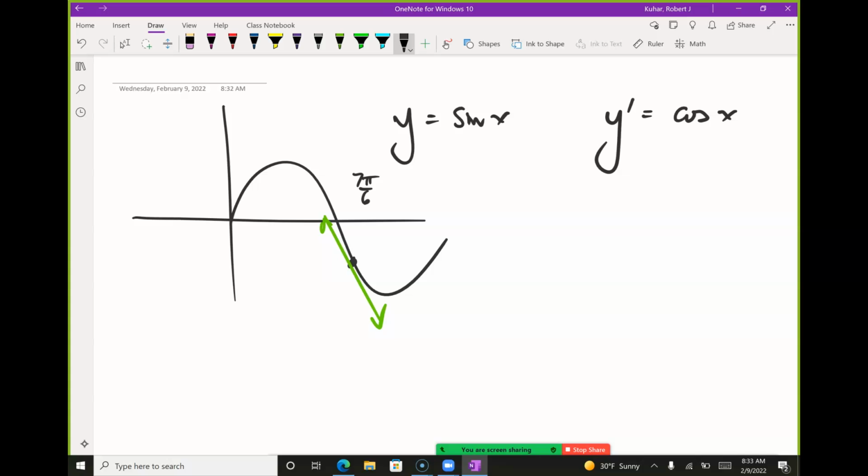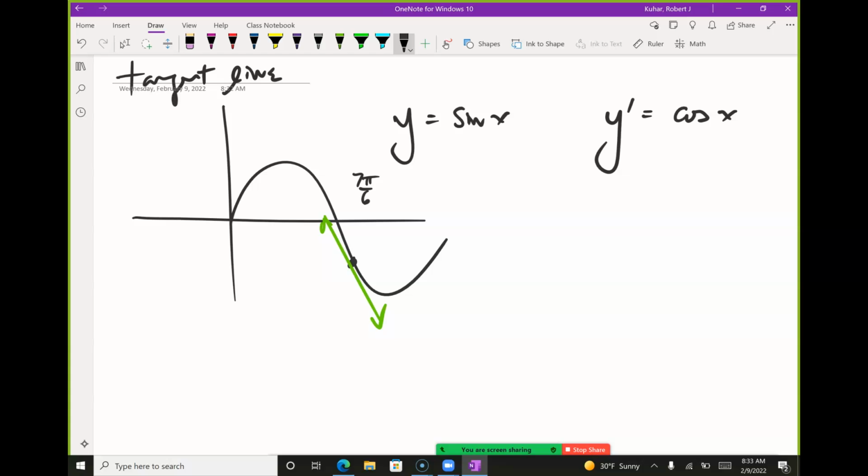What do I need to get a tangent line? I need a point, right? And the function. So to get a line, I need a point and a slope, right? So I need the point first.